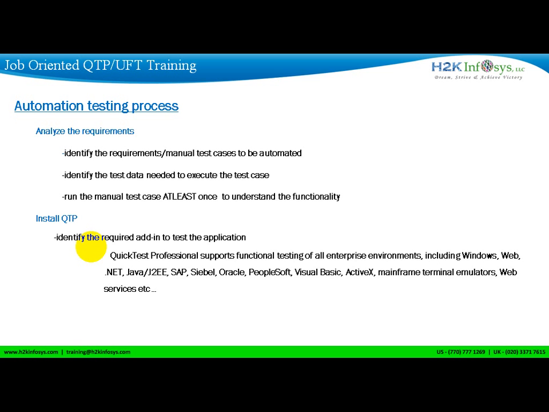Obviously, if you are testing a Java application, you need a Java add-in, or if you are testing a .NET application, you need a .NET add-in, SAP add-in, mainframe add-in, web, Windows, and so on. QTP supports a lot of environments, and you are going to select the one your application is developed in, and install the appropriate plugin. That is the next thing you have to do.